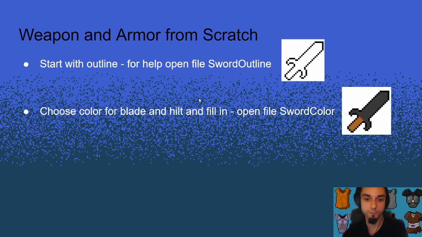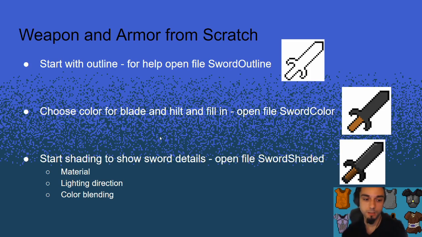Or you can choose the second one, which gives you at least some color inspiration. Then the hilt is going to be maybe wooden, and the blade and everything else is going to be metal. Then, of course, the next step we're going to do, and you can choose the third image here, is to try to do a bit of shading.